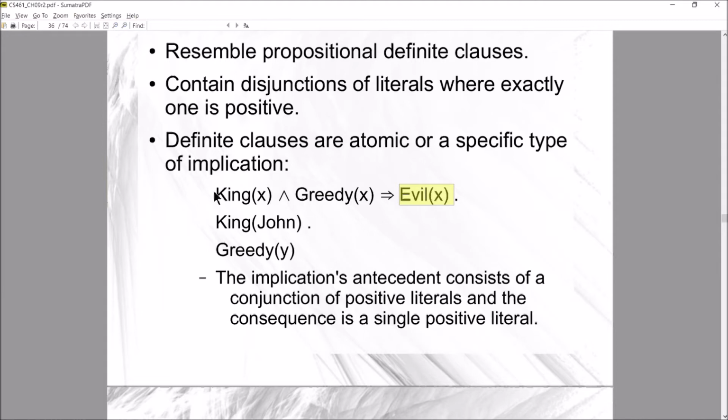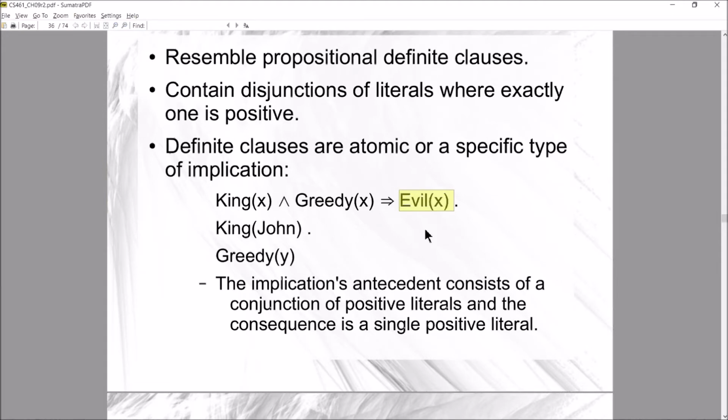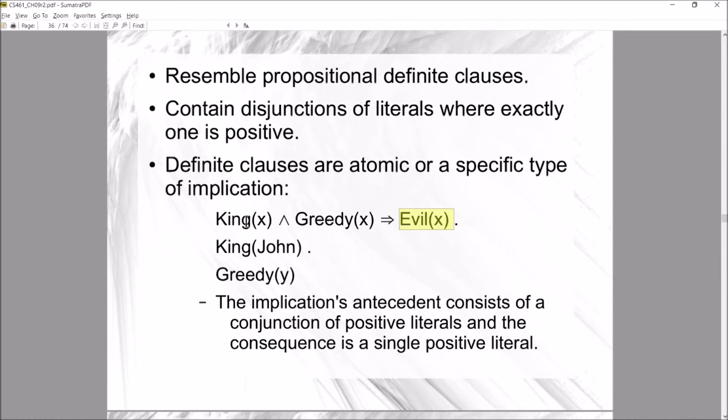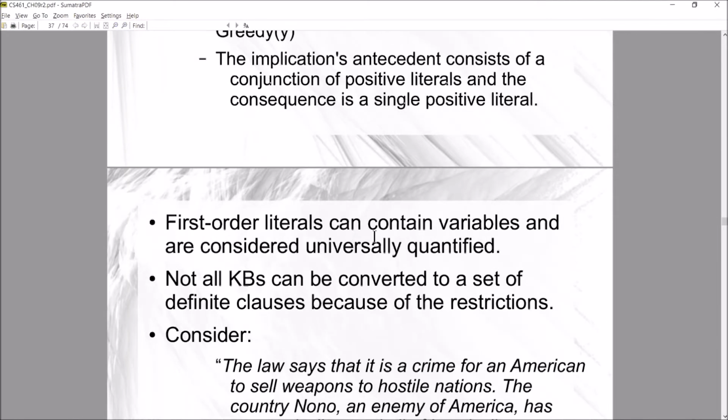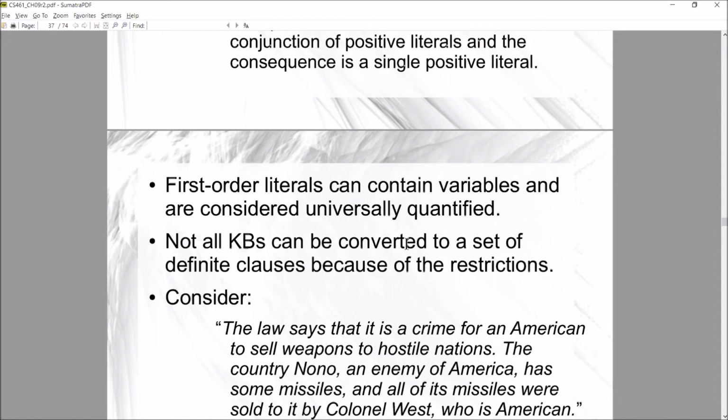A restriction on how the implication is built, and the fact that you've got disjunctions of literals where only one of them is going to be positive. Okay, now first order literals, as I was saying, they can have variables, and they're always considered universally quantified. Now, because of those restrictions we just talked about, not all knowledge bases could be converted into a knowledge base that contains only definite clauses. But if you can, then you can easily apply this forward chaining algorithm that we're going to examine.